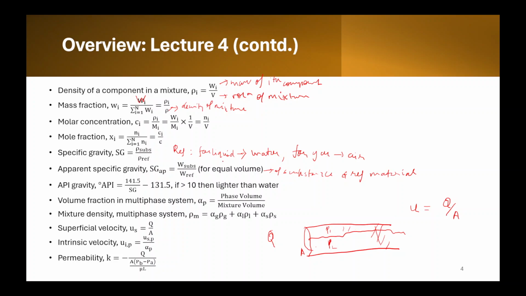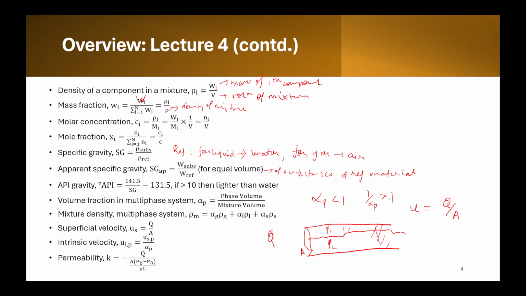Okay, and the intrinsic velocity is the velocity of the particular phase flowing through their designated, I mean their actual area. So this is the actual velocity of that phase. So it will consider the volume fraction. As this is a volume fraction, it will always be less than 1, alpha p will always be less than 1. So 1 by alpha p will be greater than 1.